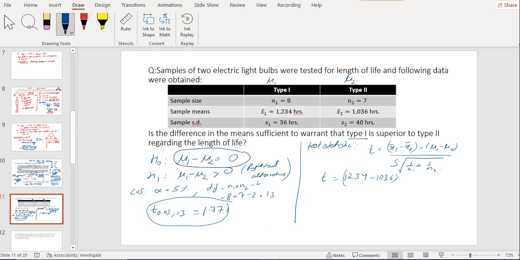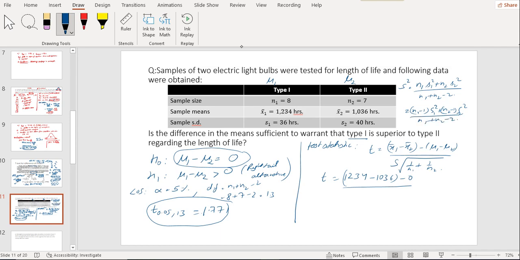Now what is the formula of S square? This is (n1 s1 square plus n2 s2 square) upon (n1 plus n2 minus 2), or ((n1 minus 1) capital S1 square plus (n2 minus 1) capital S2 square) upon (n1 plus n2 minus 2).